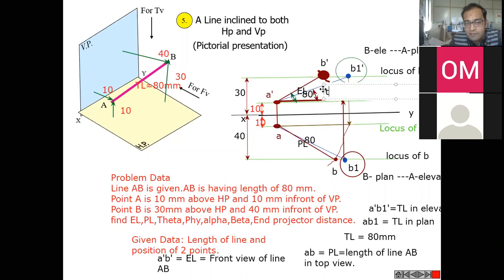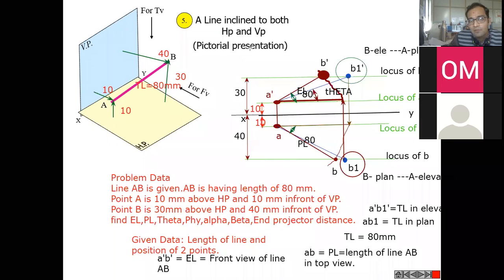What is theta? Theta is the angle of true length in elevation. What is alpha? Alpha is the angle of elevation length with reference. Theta is also going to be called the true length angle with the horizontal plane. Similarly, if I discuss the bottom region, the plan length is also going to have some angle as well.